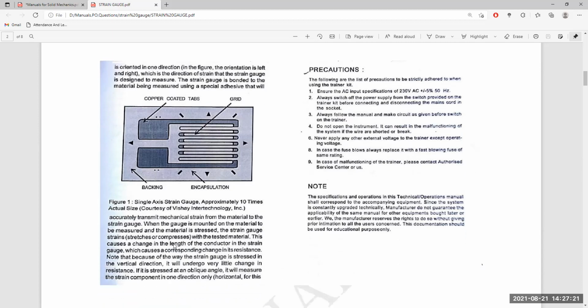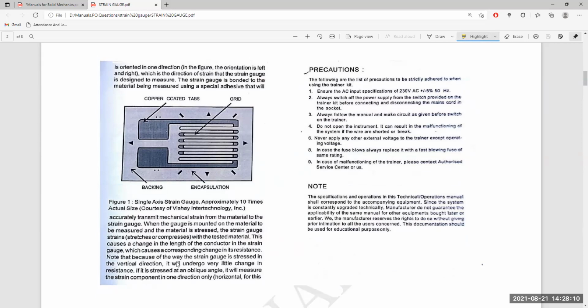This causes a change in the length of the conductor in the strain gauge, which in turn causes a corresponding change in its resistance itself.